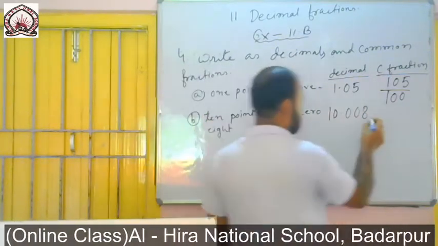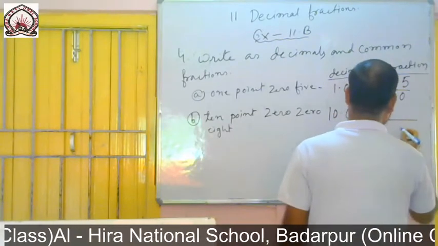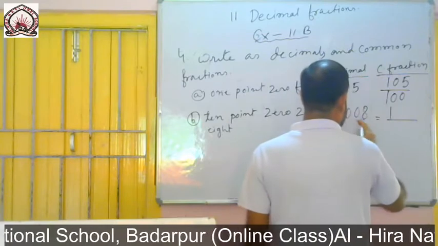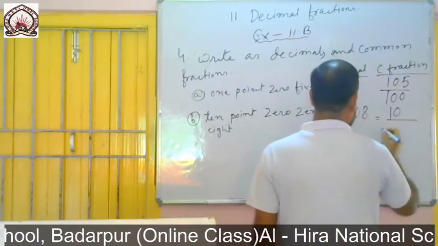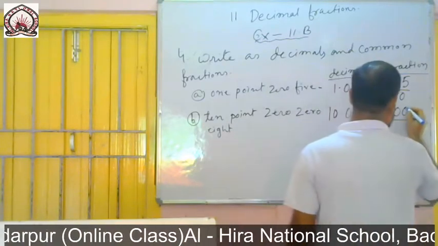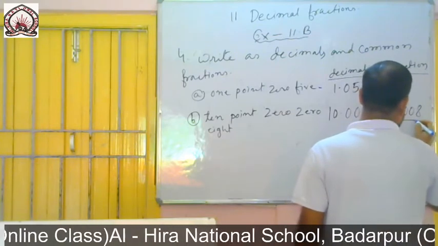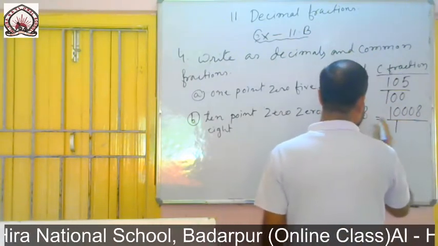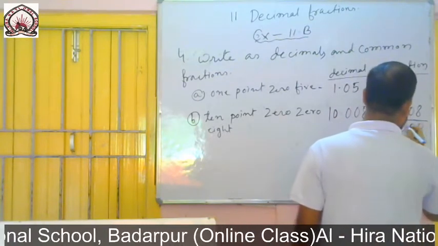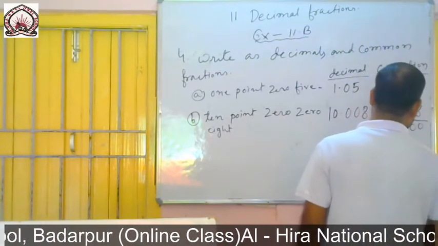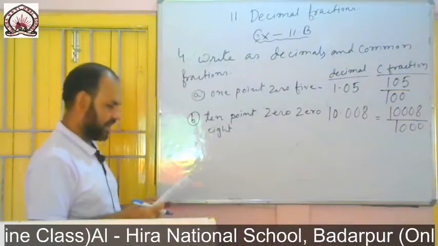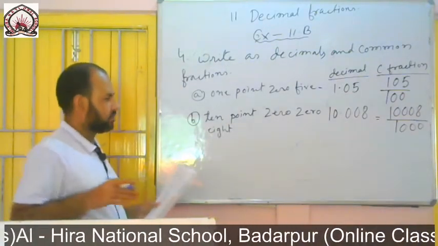And as a common fraction, we write the number without the decimal point, and in place of the point we give 1 and 3 zeros, that means 10,008 by 1000.